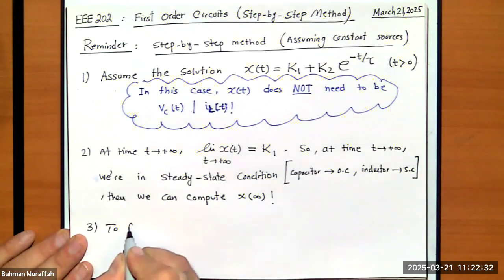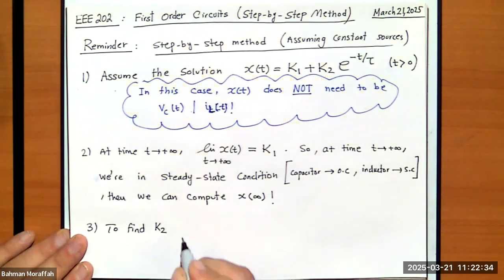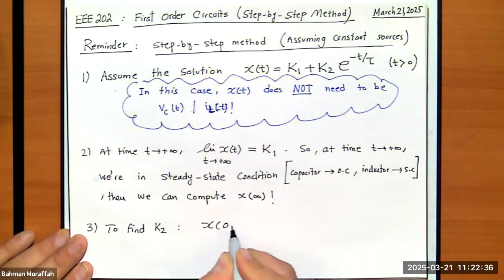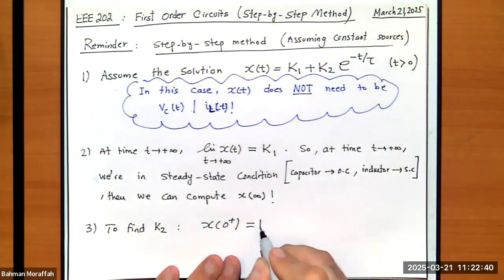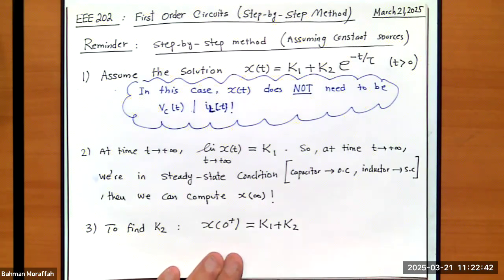So to find K2, if I evaluate x at time 0 plus, that is K1 plus K2. Here's where we have an issue.